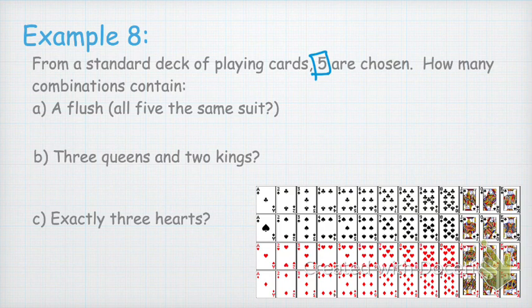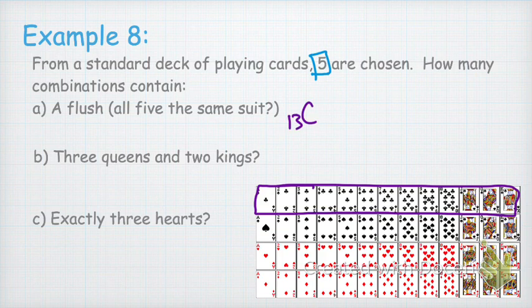Well, there are 13 clubs available, and I want to know how many different ways are there for me to choose 5 of those. So that would be 13 choose 5. I'll go to the math menu and choose 5. I got 1,287.